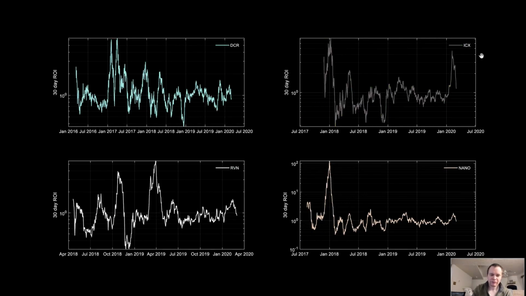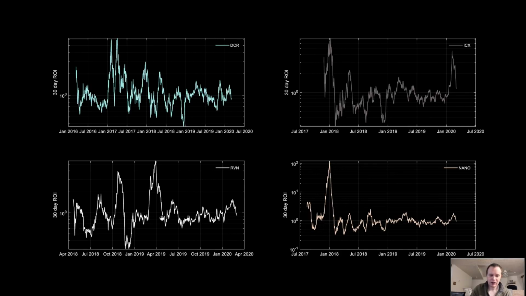And then the last chart for the 30-day ROIs, we have DCR, ICX, Ravencoin, and NANO, and again, you can see similar patterns as before. In the last couple years or so with DCR, you can see that the 30-day ROI never really gets much above 2.